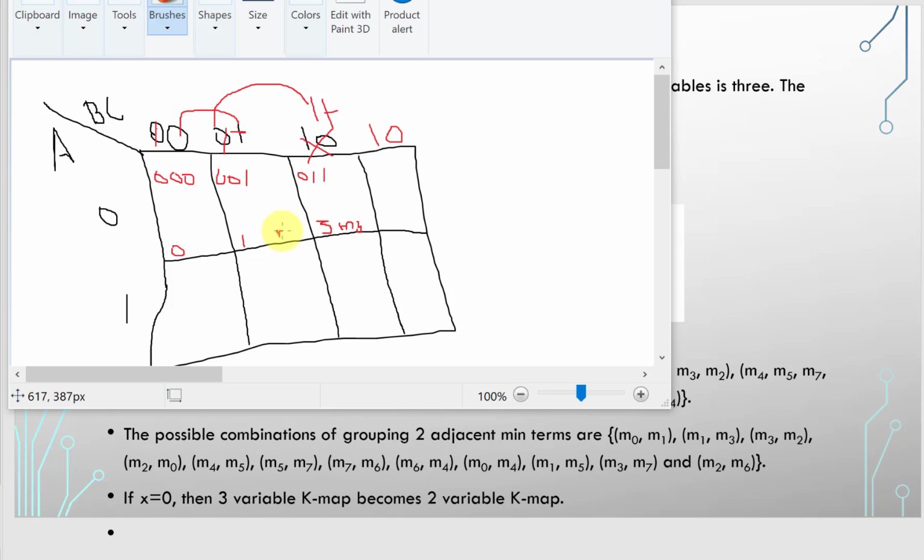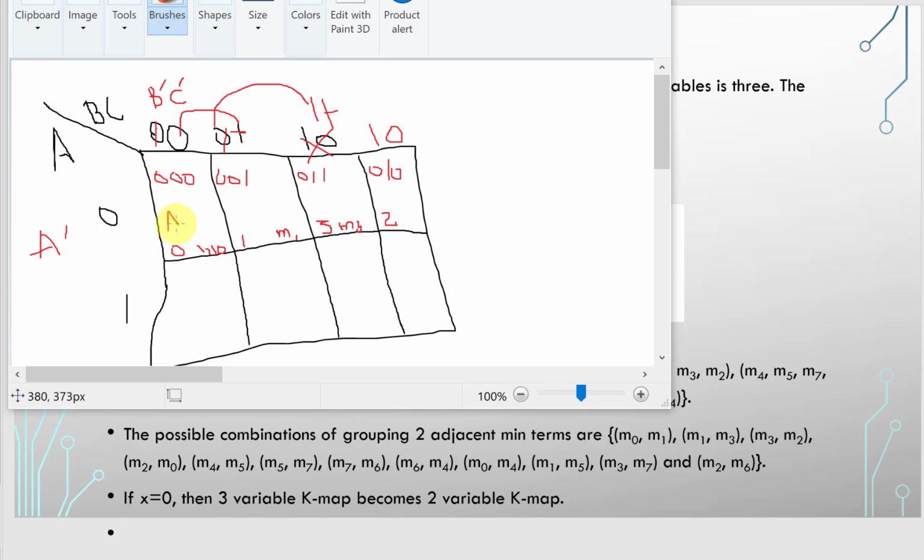Similarly M1 and M0, and for each and every cell we will write this. The value for this is 0, 1, 0, and the decimal value for this is 2, right? And you know that we will write A complement here, and B complement, C complement, and similarly for the other cells also.